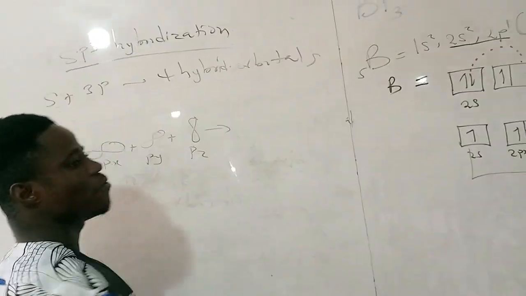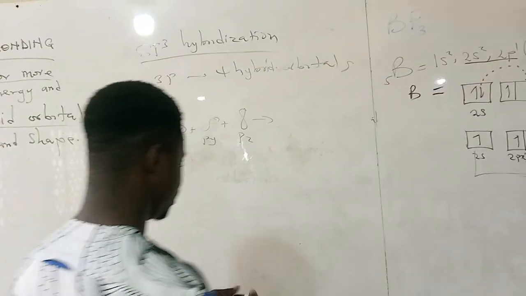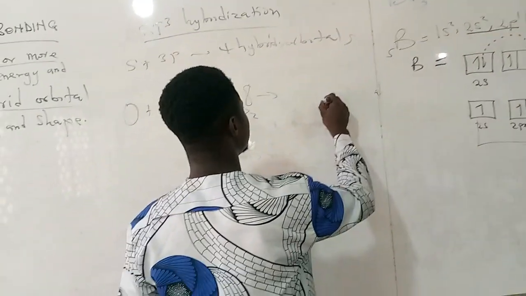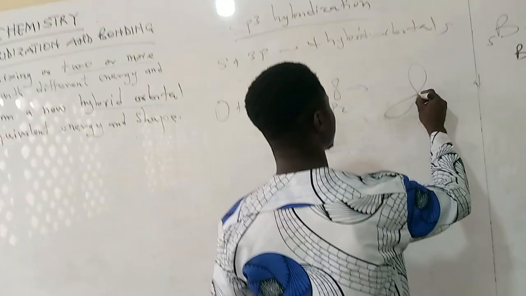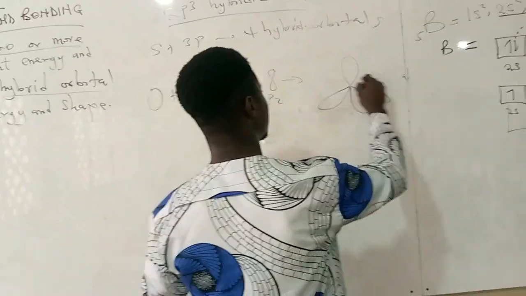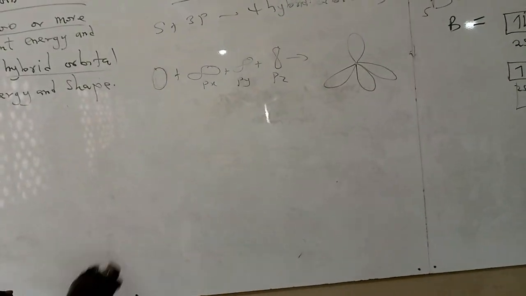When you mix them, you form 4 hybrid orbitals. They prefer to stay far away from each other. So this is what happens. And so the shape of this is what you call this shape.